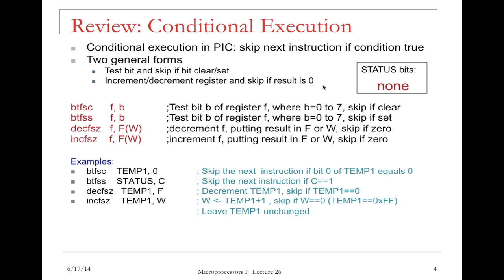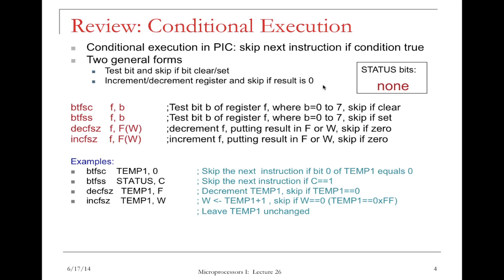First two doing the bit test, BTFSC and BTFSS. So that is to skip if it's clear and skip if it's set. They take two operands. First is the register F, and then comma B. B is a value from 0 to 7 to indicate which bit in that register we want to test.